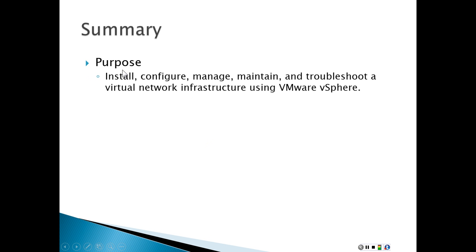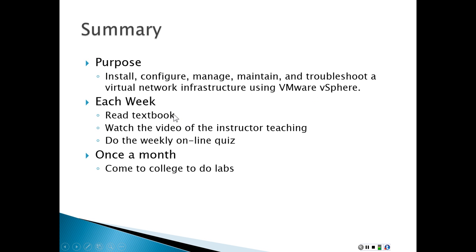Summary. In summary, the purpose of the course is to enable the student to install, configure, manage, maintain, and troubleshoot a virtual network infrastructure using VMware vSphere. Each week, you read the textbook, watch the video, take the online quiz, and once a month, you come into the college to do the labs.